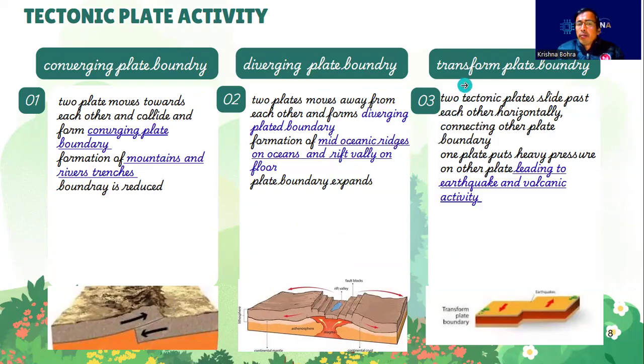The third type of plate tectonic activity is transform plate activity. This happens due to oceanic and oceanic plates basically having similar density, so they are not able to subduct under each other. They move horizontally, and this type of boundary leads to earthquakes and volcanic activity.